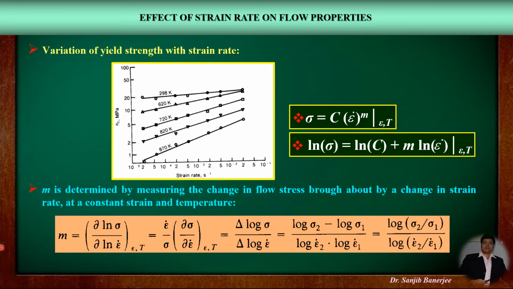Thus, if we can draw a plot of log of sigma by log of epsilon dot, from the slope of the lines we can get the value of m, or the strain rate sensitivity.